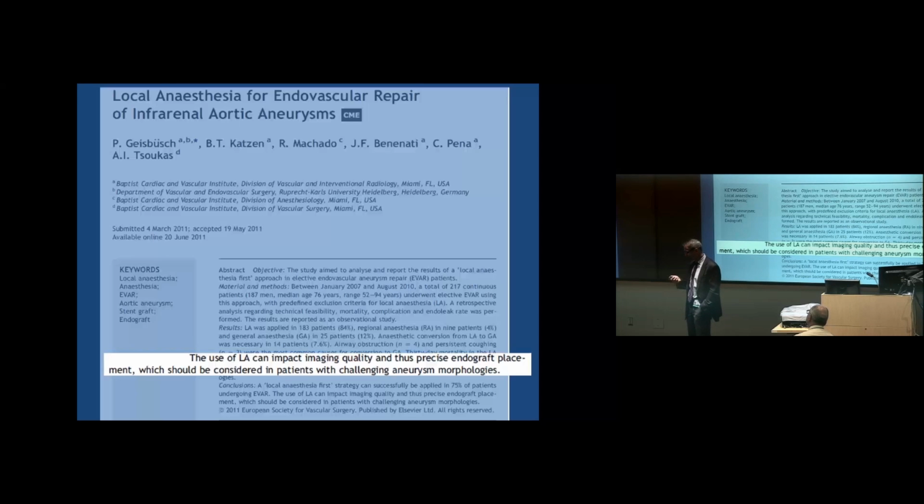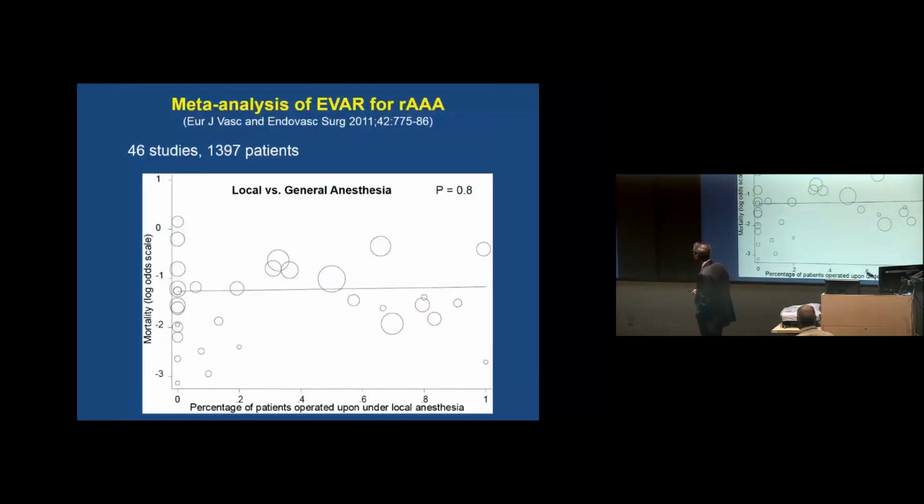So there are real disadvantages, even though there seem to be cardiac advantages, length of stay advantages, maybe survival advantages of local repair. You have to think about it because it can make the operation more technically difficult and can lead to problems. I was able to find a meta-analysis looking at the question of local versus general anesthesia actually just for patients with endovascular repair for rupture.